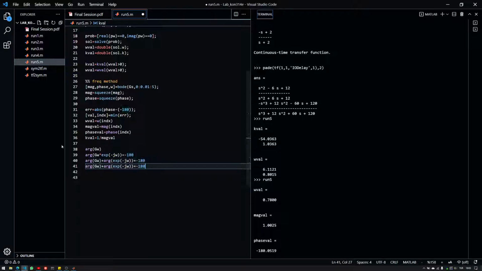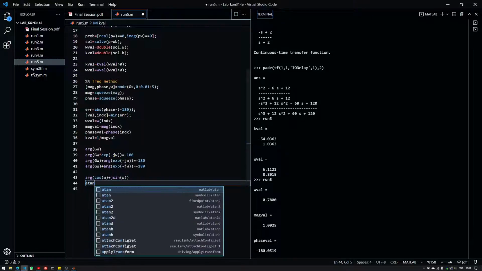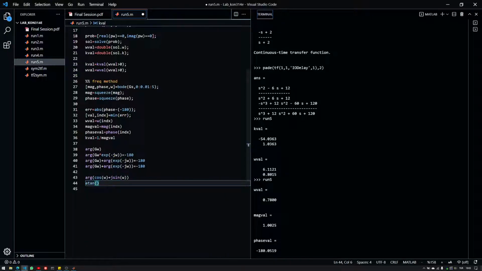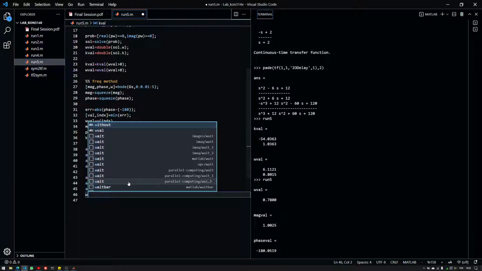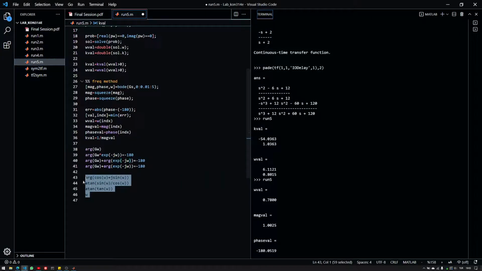It's pretty obvious if you use cosine ω plus j sine ω, and the argument of this is arctan of sine of ω divided by cosine of ω, which is tan, so therefore this is the tangent of ω, and the arctan of tan is basically ω. Since this is also negative, we have minus ω here.